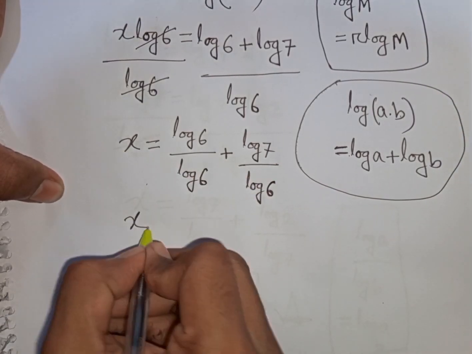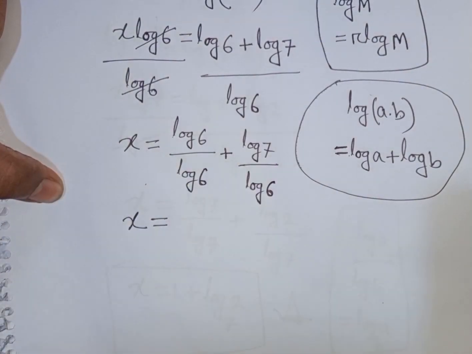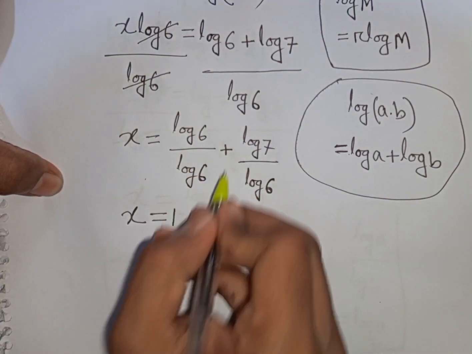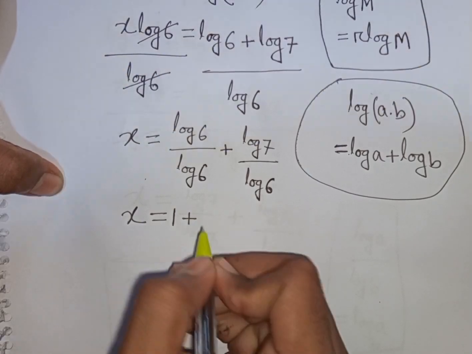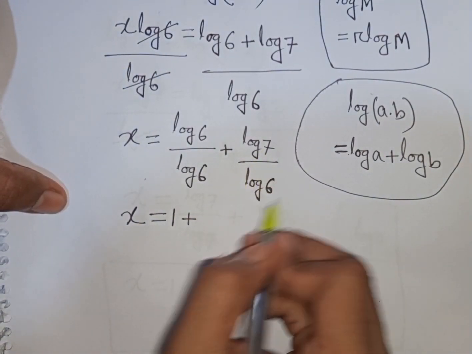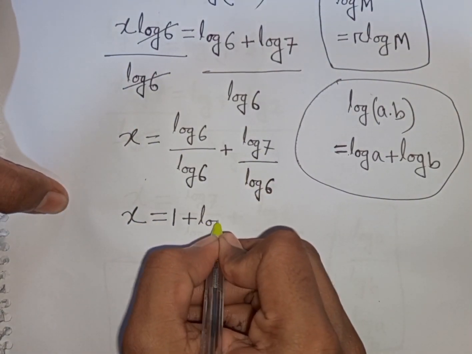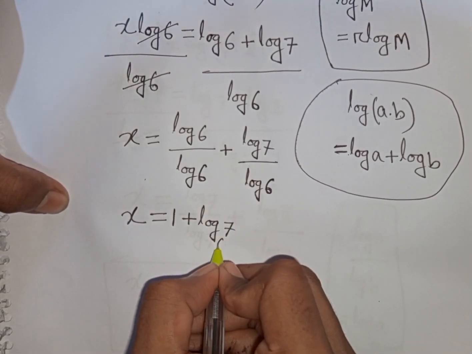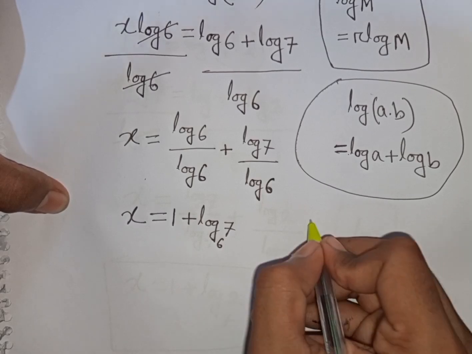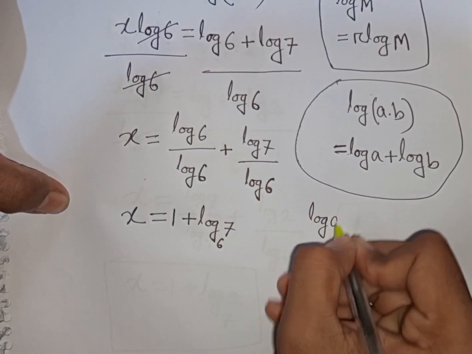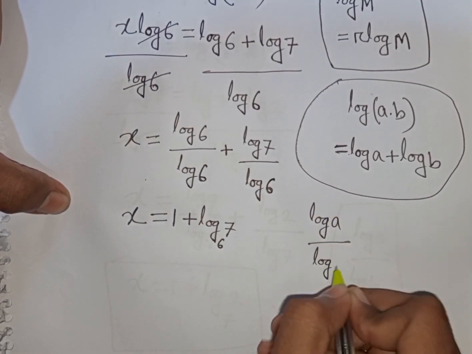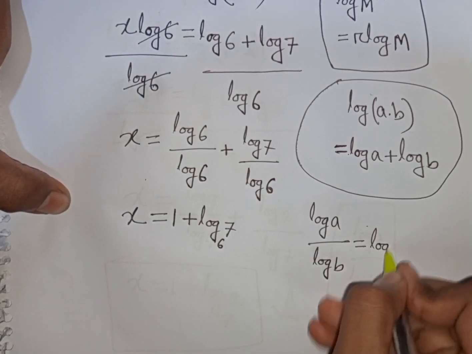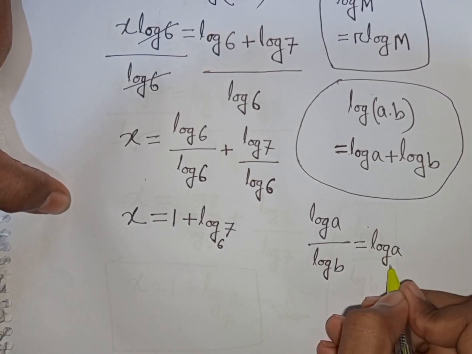Now x is equal to log 6 divided by log 6, that means 1, plus log 7 divided by log 6, that means log 7 base 6, according to this formula: log a divided by log b is equal to log a base b.